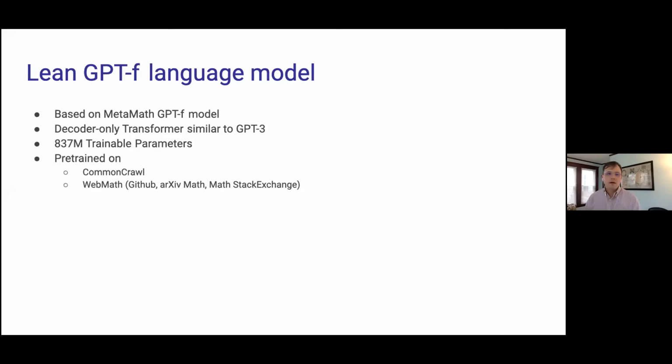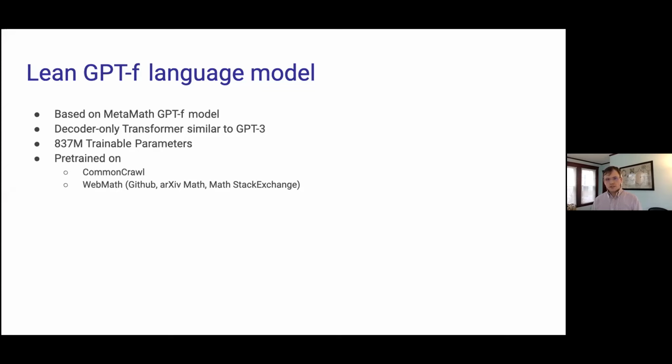Okay, so our model is based on a similar model that OpenAI did for the MetaMath theorem prover, which they also called GPT-f. Both that model and this model are decoder-only transformers, which are similar to GPT-3.